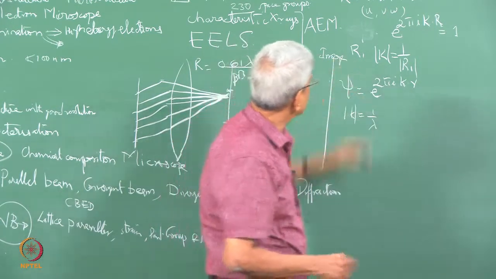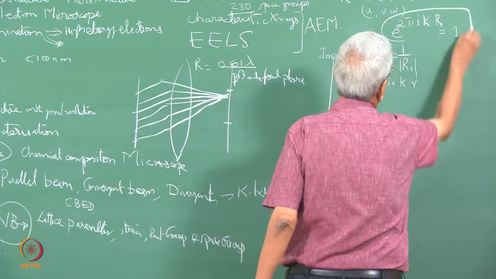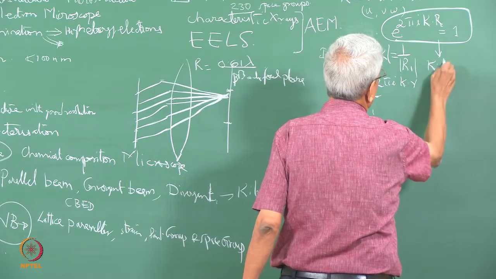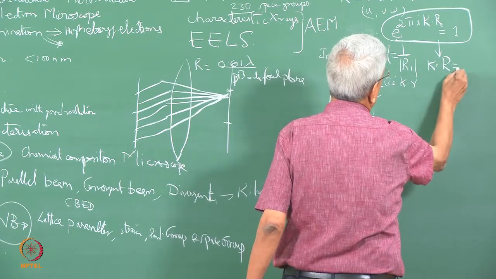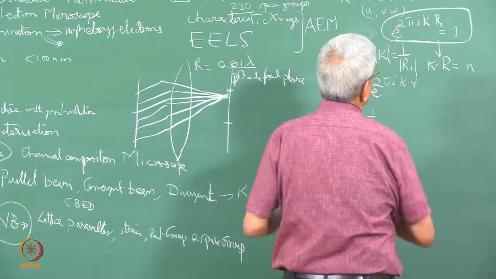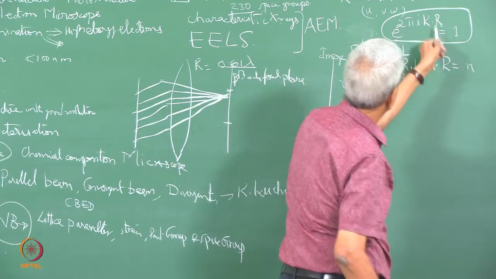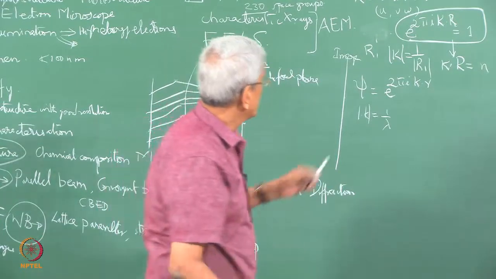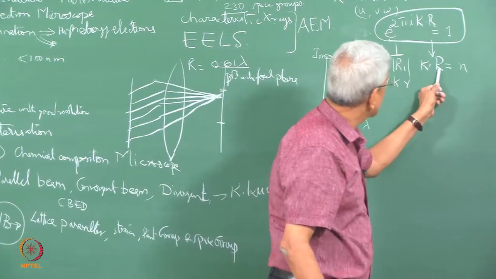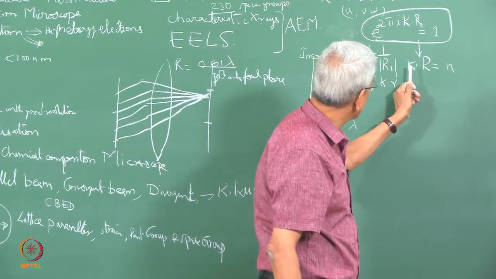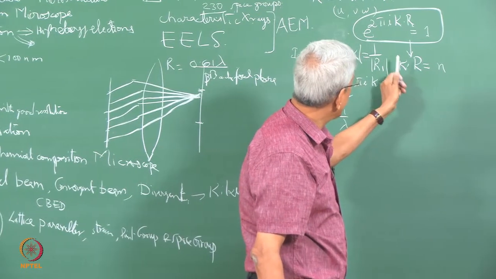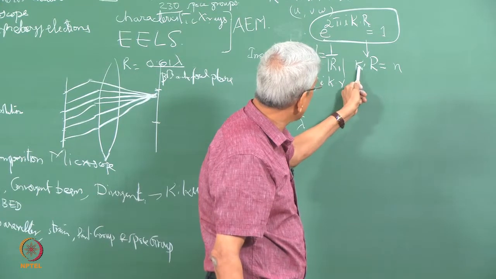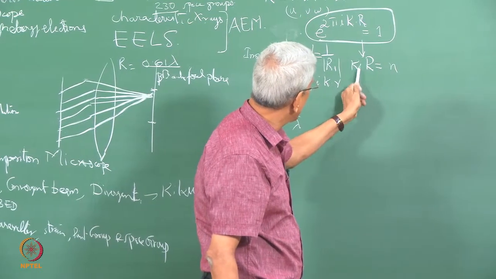If we use that condition, for it to be satisfied, k dot r should be equal to an integer. For all integer values, this will turn out to be 1. For any specific value of r which we choose, there can be many values of k, and this k has a magnitude which is the inverse of r.